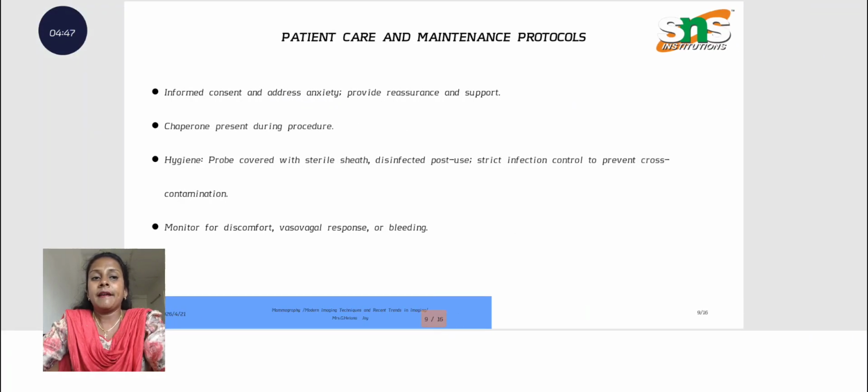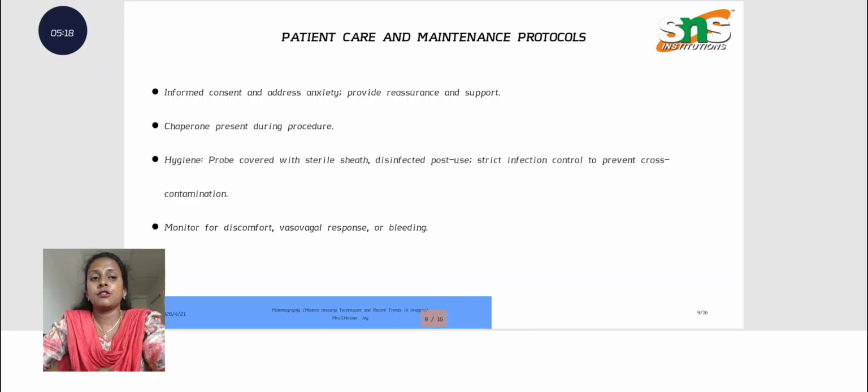For the patient care and maintenance protocol, informed consent and consent should be obtained before starting the procedure. A chaperone should be present during the procedure. Hygiene should be maintained: the probe should be covered with a sterile sheath, and the probe should be completely disinfected after the procedure has been completed.